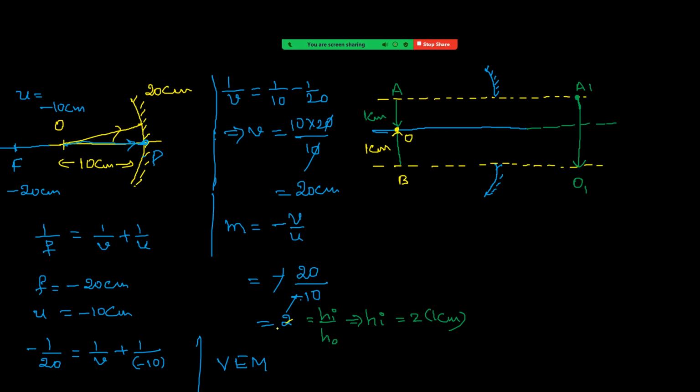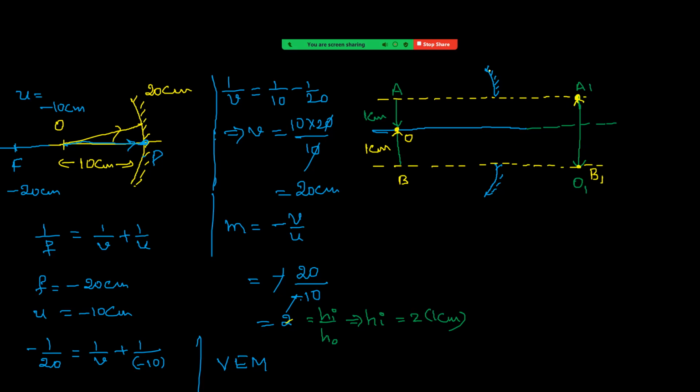Magnification is plus 2, erect. That means the image must be actually at the same location. Okay? It is at the same location. Means the image of B will be, I'm taking it as B1. Image of O will be at the location of A1 because height is now 2 centimeter, right?